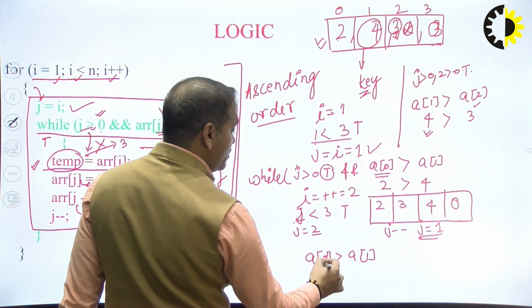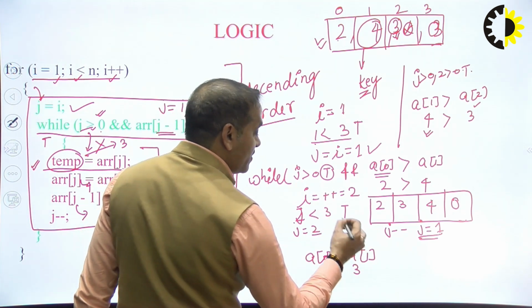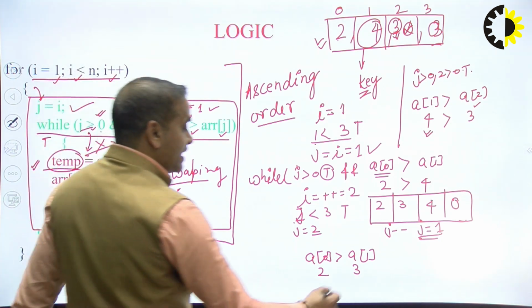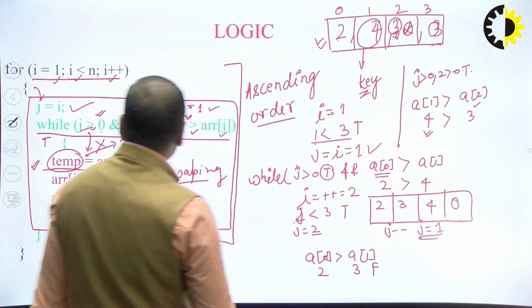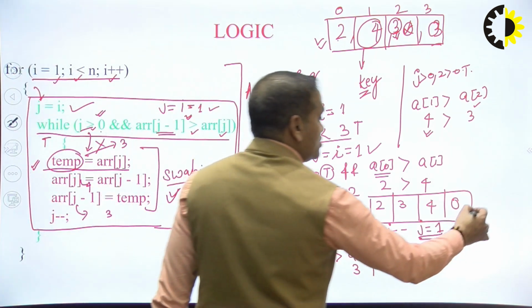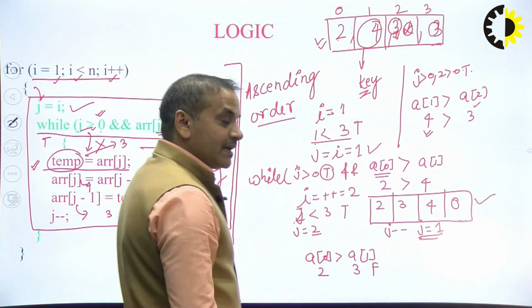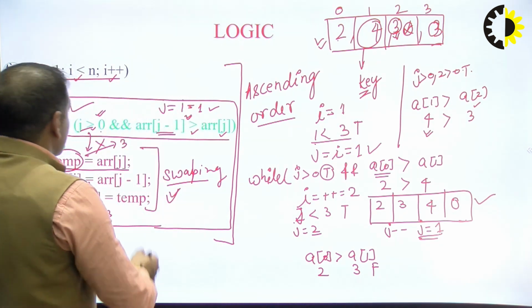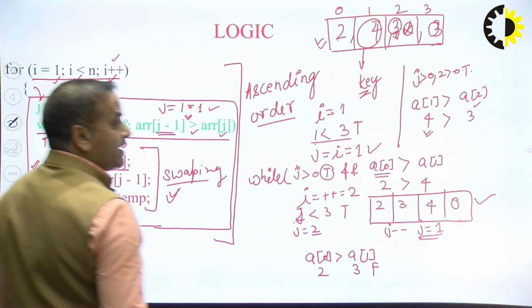The value of a[0] is 2 and the value of a[1] is 3. Condition is false. There is no swapping, the code stays as it is. This is printed. Next, the value of i is incremented again.